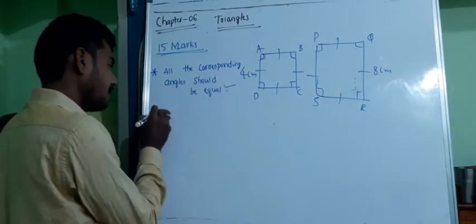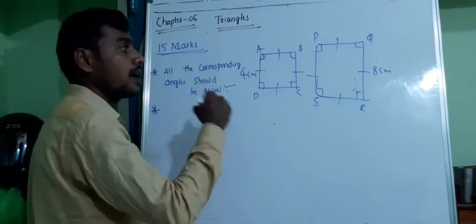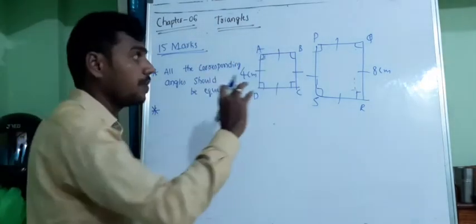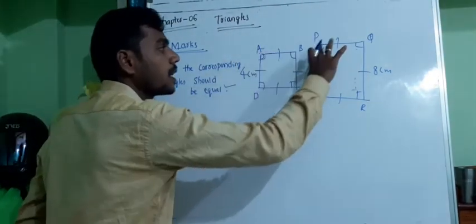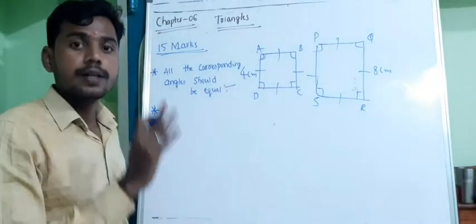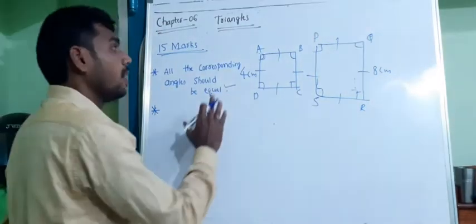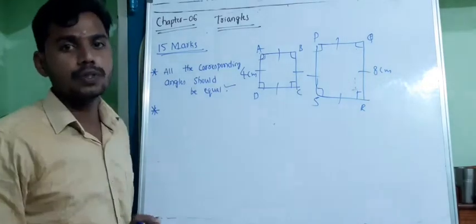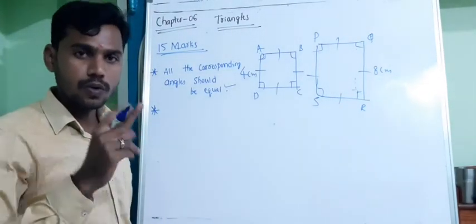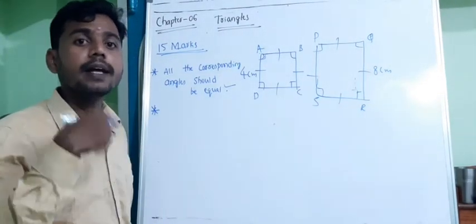The next criterion is the ratio of their corresponding sides. The ratio of their corresponding sides should be the same, or the corresponding sides should be in proportion. When do we say the two ratios are in proportion? If they are equal.